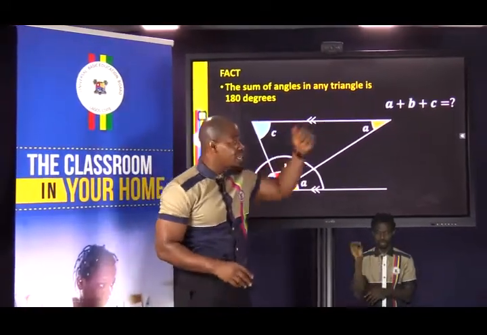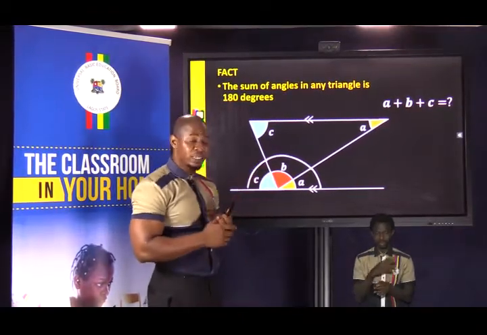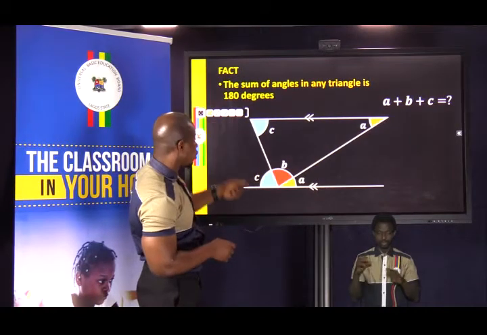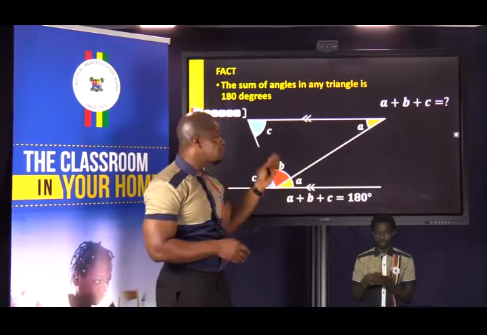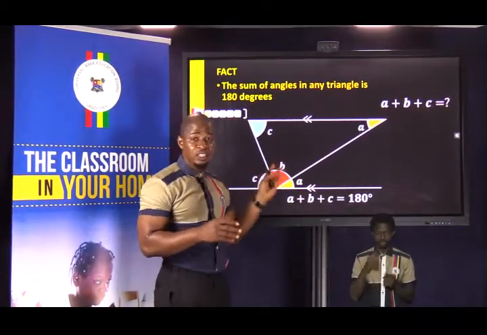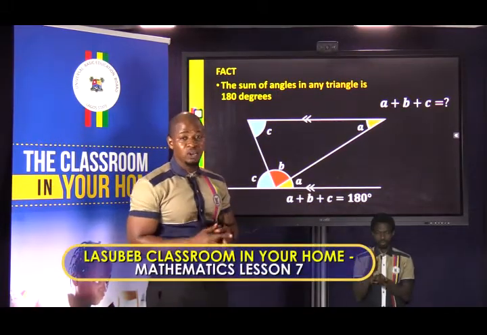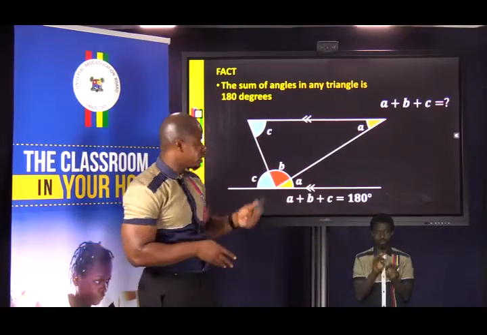But A is inside the triangle, B is inside the triangle, and C is also inside the triangle. That means that A and B and C together will give us 180 degrees as well, despite the fact they are inside the triangle. So the trick is to cut the angles from inside the triangle and realign them to form a straight line. You see that for any triangle, all the angles within will form 180 degrees.